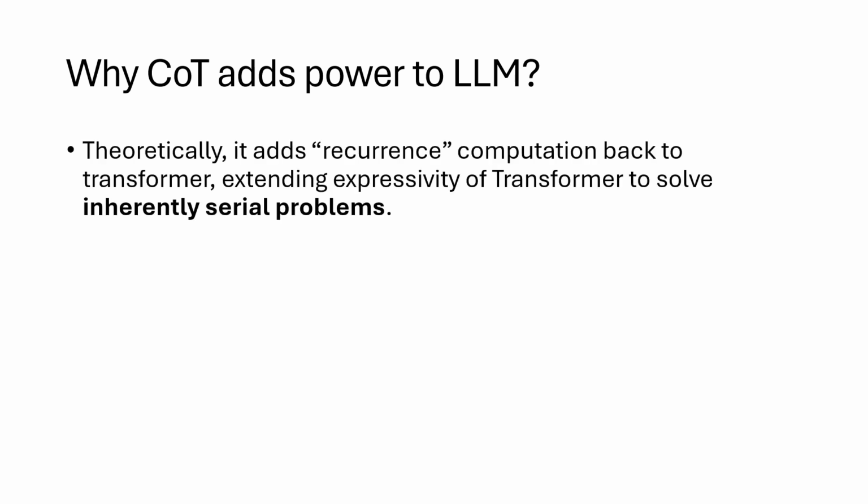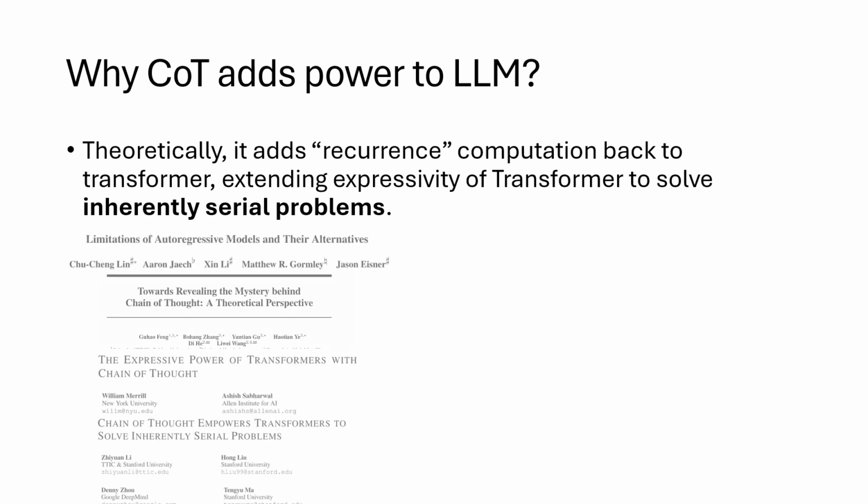There are a couple of theoretical works that try to explain why chain of thought empowers language models. Theoretically, it says chain of thought adds recurrent computation back to transformers, extending the expressivity of transformers to solve inherently serial problems. This is an important problem class, and many theory works try to dig deeper in this direction.